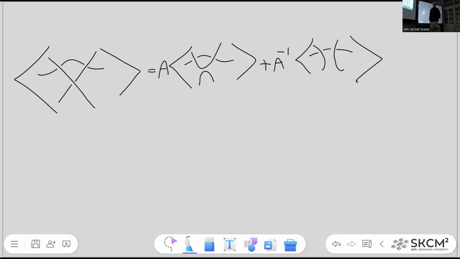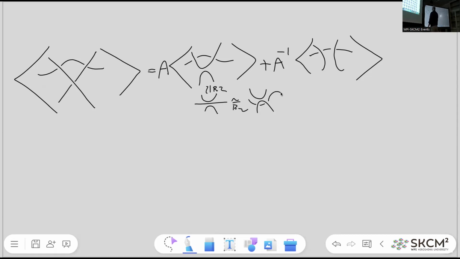But it's invariant under the second Reidemeister move. So I can simplify this, bring it into the middle, and I can do another second Reidemeister move and bring it down below. So this bit of diagram here is equivalent by the second Reidemeister move to this diagram, and that's equivalent by the second Reidemeister move to this diagram.